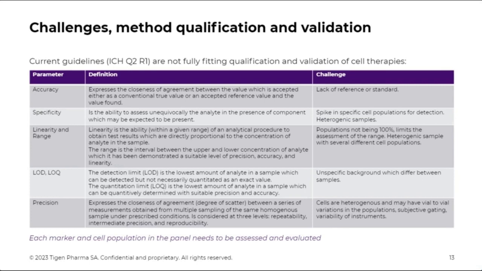And here this is difficult because we have unspecific background that differs between samples. You might have autofluorescence, etc. And the precision is you need to make sure that it's repeatable. If you measure the same sample at 5 different days or 5 different months from now, that you have the same results every time.